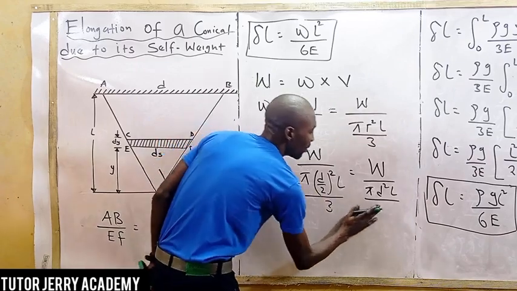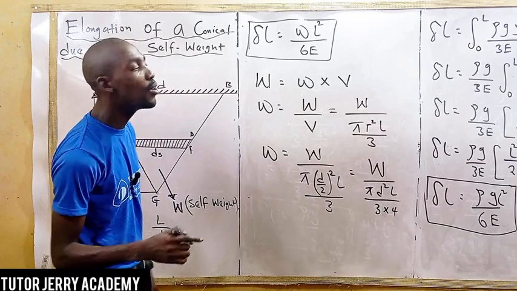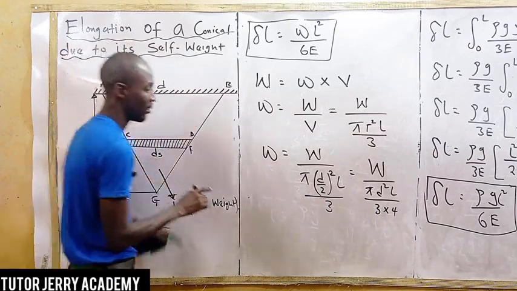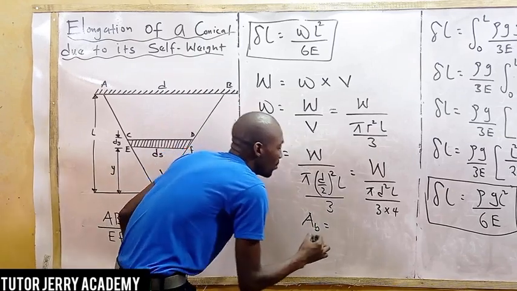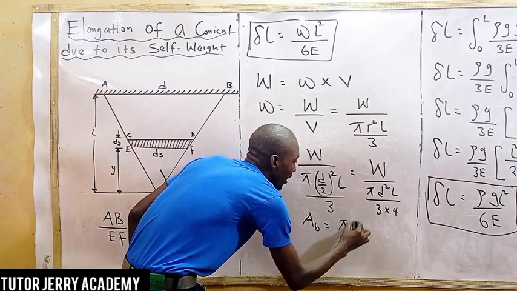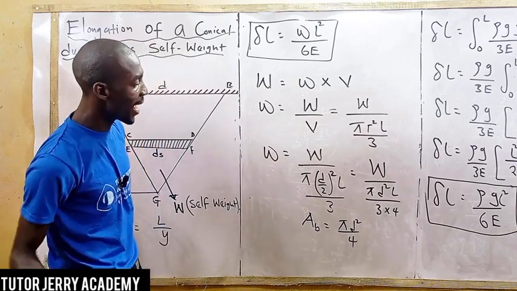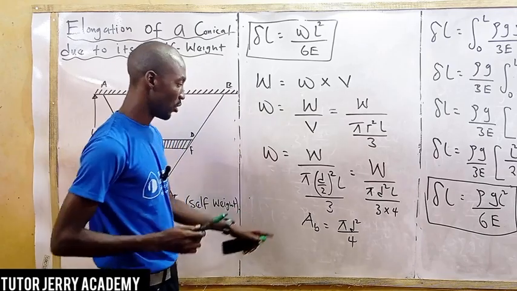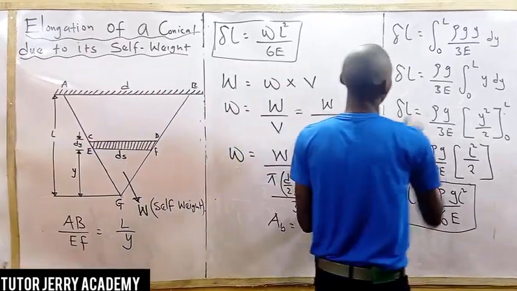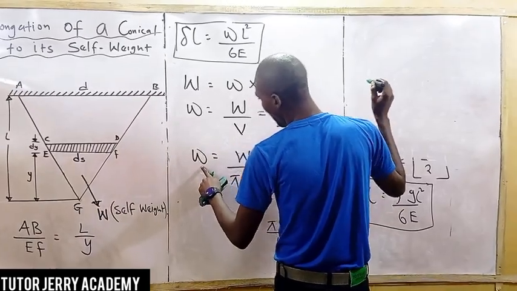And if you know the area of our base, denoted by AB, is nothing but pi D square all over 4. So pi D square all over 4 is already here. So let's split it so we can bring out pi D square all over 4.